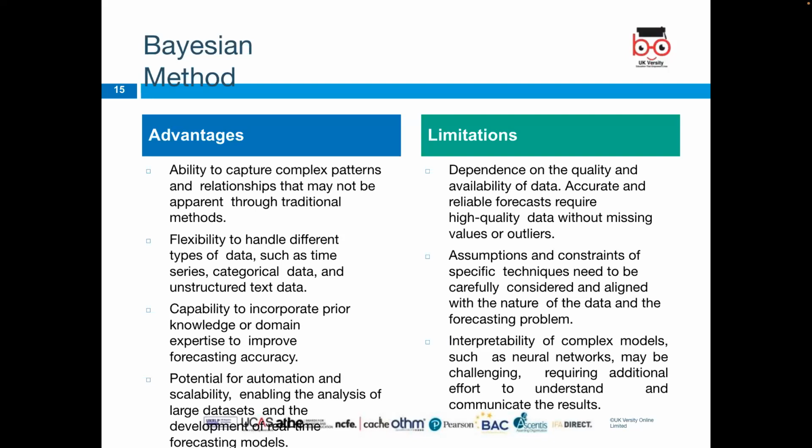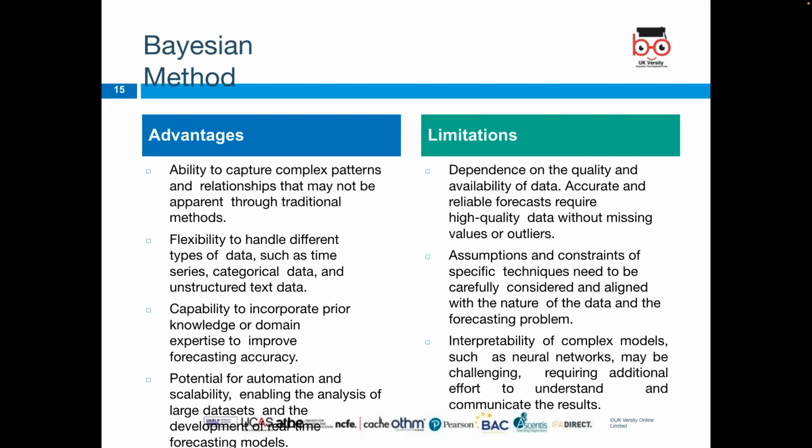The next one is the capability to incorporate prior knowledge or domain expertise to improve forecasting accuracy. Potential for automation and scalability, enabling the analysis of large data sets and the development of real-time forecasting models.